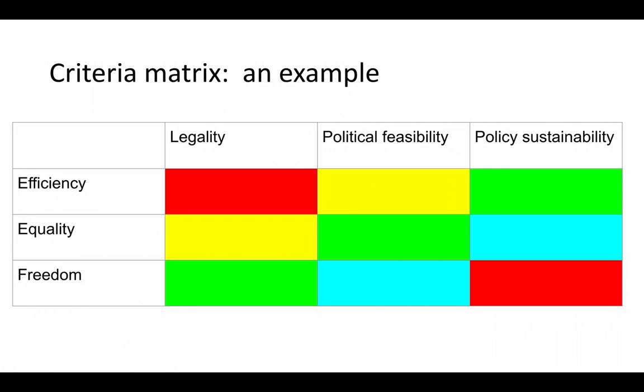Then a matrix might help you to clear your mind. I'm not saying you have to use a criteria matrix for each policy alternative. It's just that sometimes it's very difficult and very complex, then you need a matrix to help you.